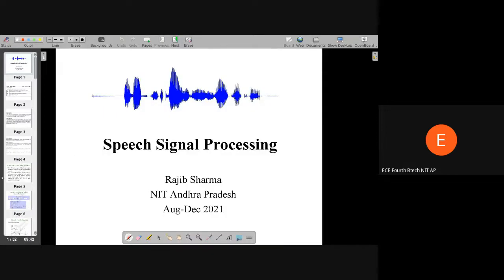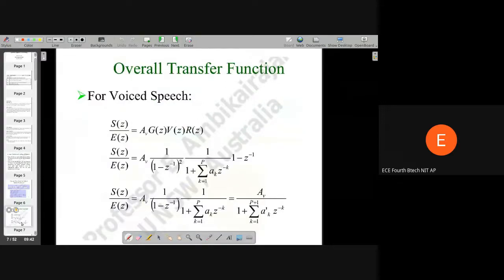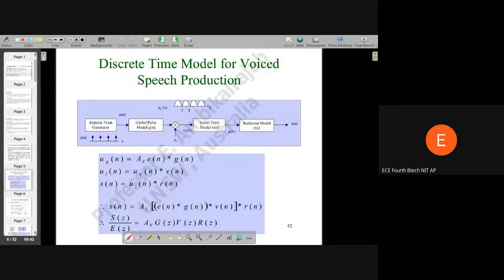We discussed that we have the source filter theory. It enables us to use linear prediction analysis, which is a very well-known algorithm in adaptive signal processing.